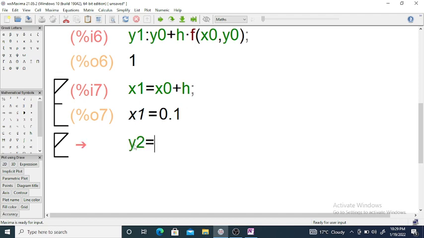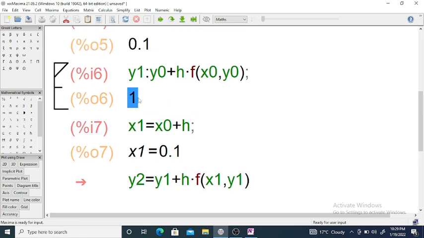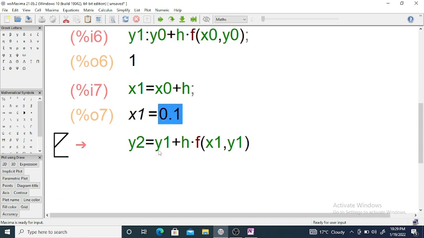is equal to y1 plus h into f of x1, y1. From the previous iteration, the value of y1 is 1, and if we add h to x0, we get x1. So y2 is y1 plus h f of x1, y1.